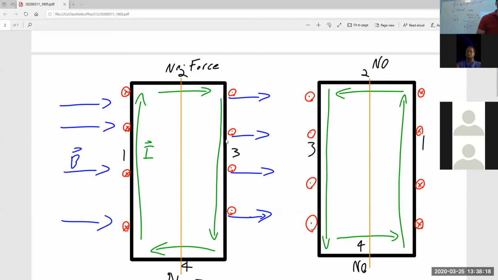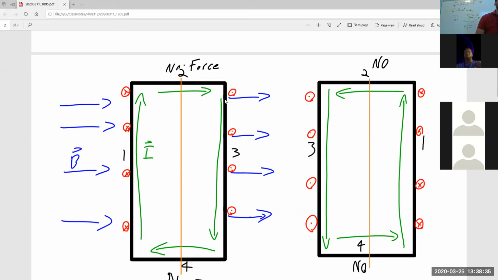There is no force. Why? Because they can't go in the same direction. Exactly, B is in the direction of I, so I cross B is 0.